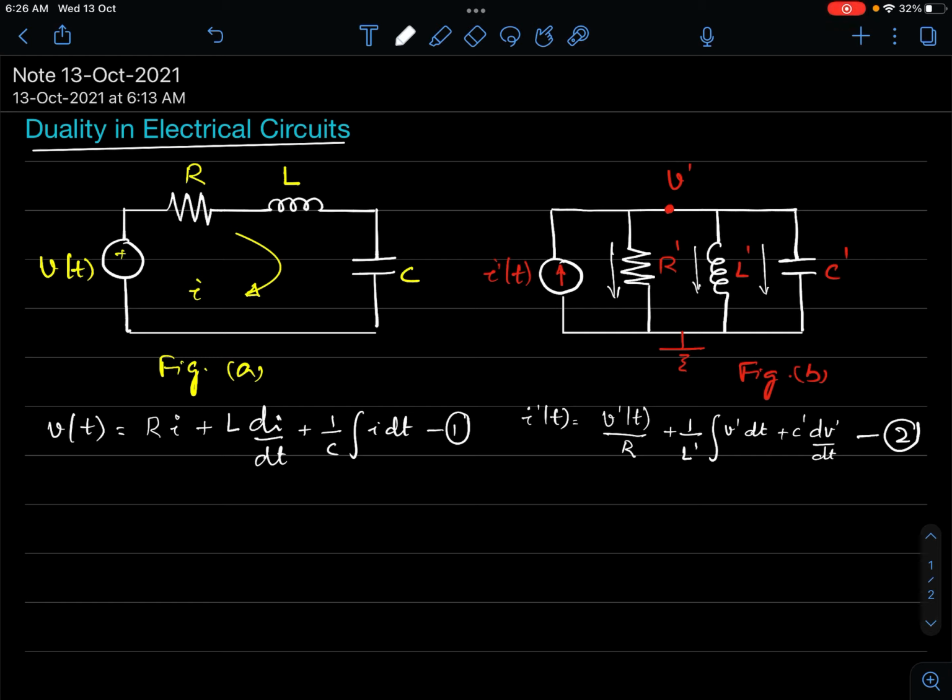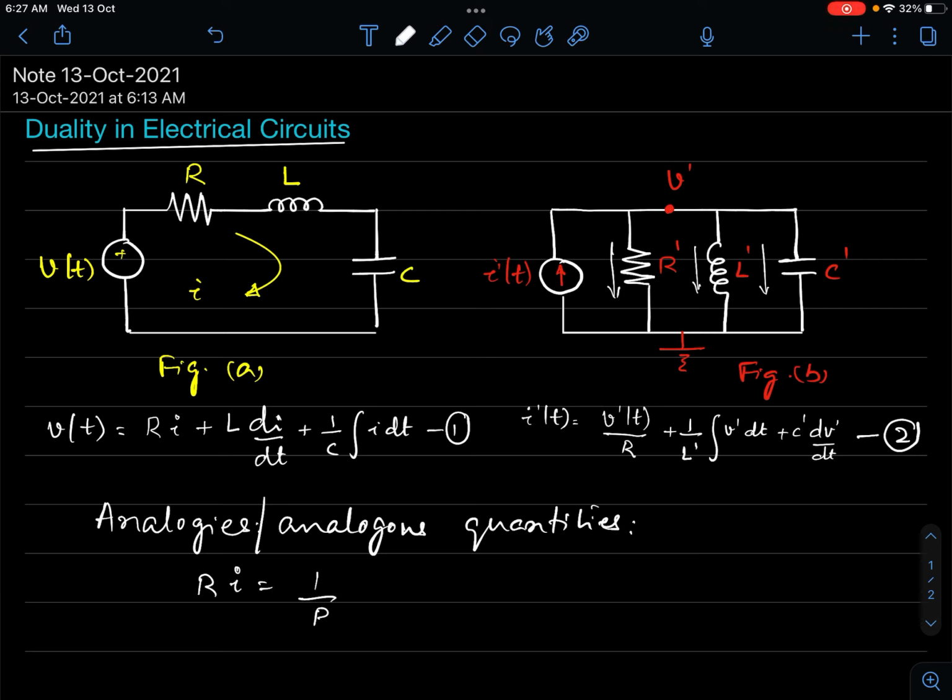So the analogous quantities: what we write here is R into I equal to 1 by R dash into V. From the two equations, we are simply comparing the two equations, right?